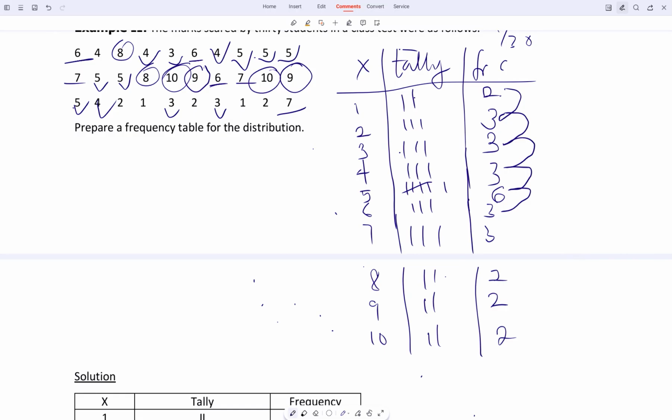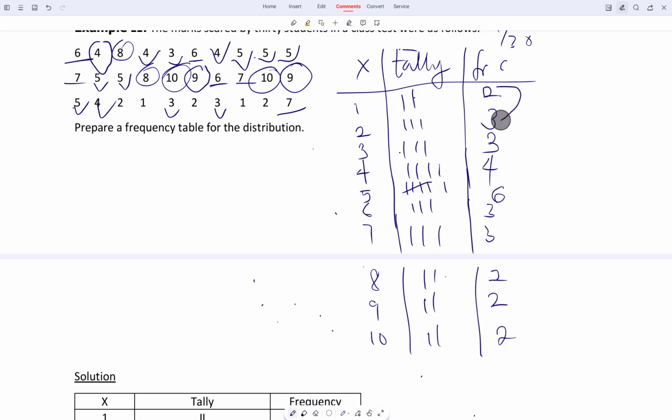I said 4 is 3, right? I did not count this 4. Look at this 4 that is hiding here. So this one is 4, not 3. That's the only missing link. I think it should be complete now.